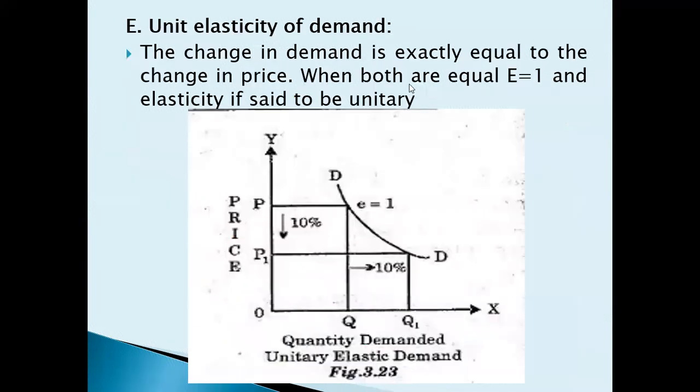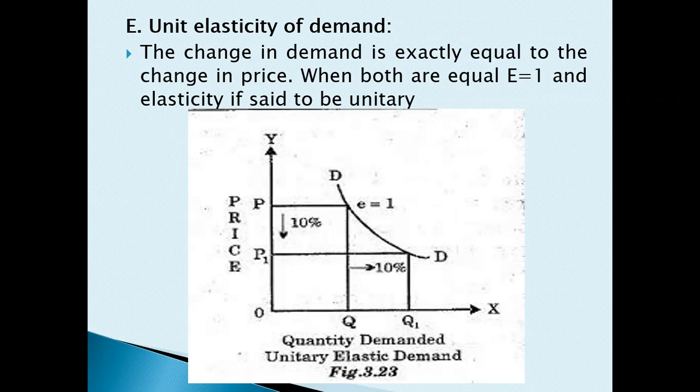Okay. And the last one is unit elastic demand. Now in case of unit elastic demand, देखिए, the change in the demand is exactly equal to the change in the price. जितना भी मैं प्राइस चेंज करूंगा, जितने यूनिट से प्राइस चेंज करूंगा, उतने ही यूनिट से मेरा डिमांड चेंज होगा.